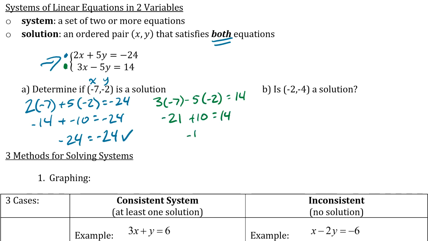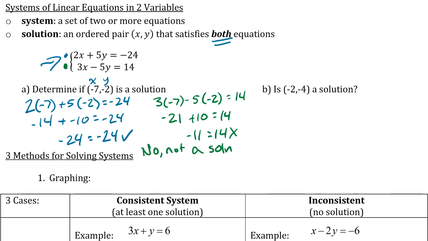If we add those up, we get -11 equals 14. So this one doesn't work. Right? So if even one of these two does not work, that means no, it's not a solution.